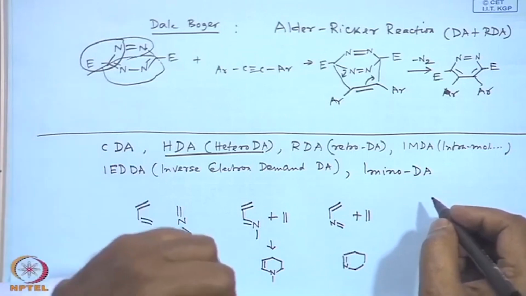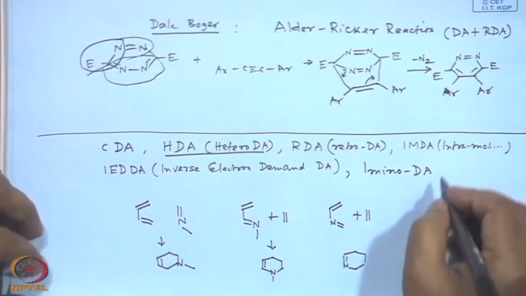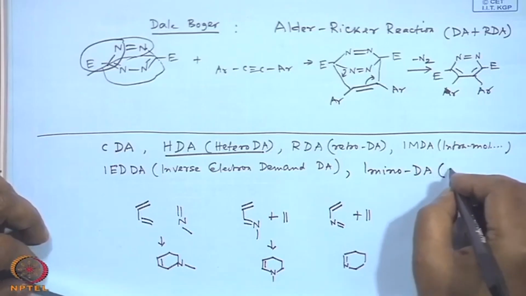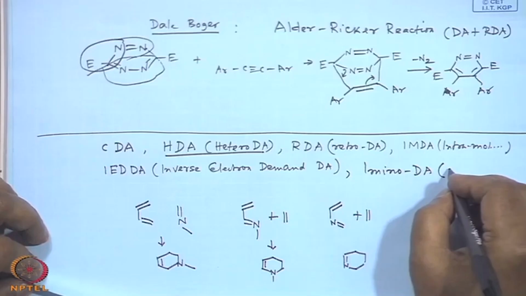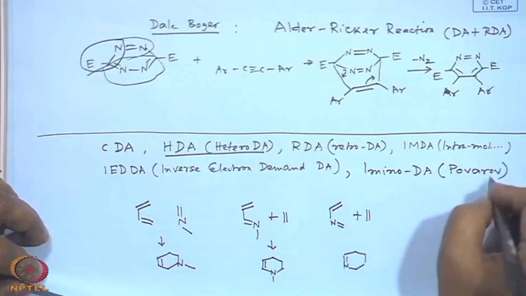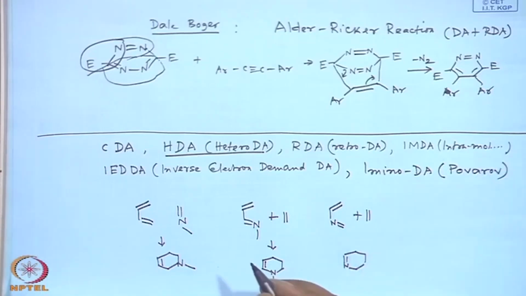It is not Schiff's base Diels-Alder, we call it imino Diels-Alder. And if you are a little careful, it also has a name associated with this reaction, called the Povarov reaction. It is a Russian name of course. So the Povarov reaction is basically a 4+2 cycloaddition reaction utilized for the construction of heterocycles. We will have a few examples.